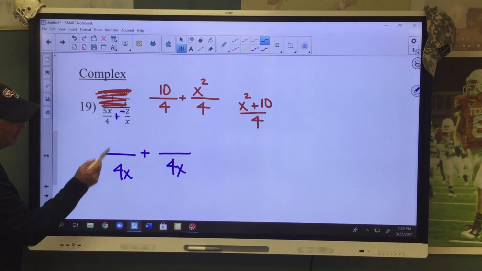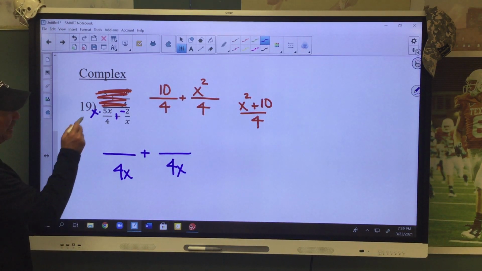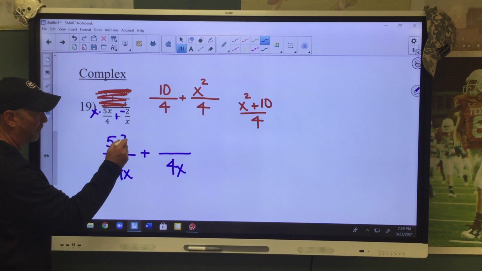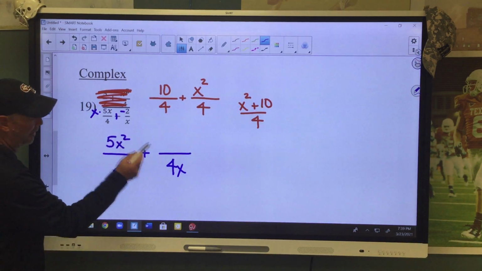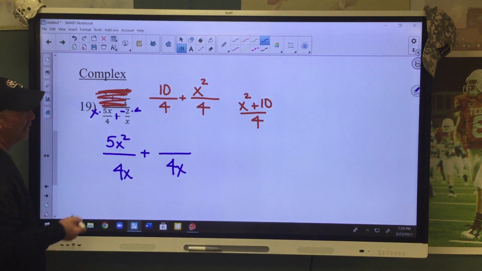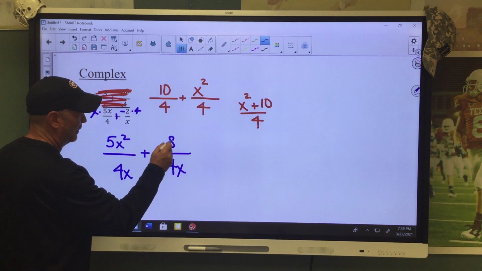To make our denominators match, I'm going to have to multiply this times an x. And x times 5x will give me 5x squared. To make our denominators match, I'm going to have to multiply times 4. Negative 2 times 4 is a negative 8.